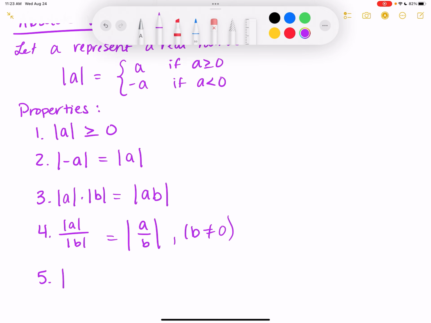And then the last one, the absolute value of A plus B is less than or equal to the absolute value of A plus the absolute value of B. It's possible that it could be equal to, depending on what the signs on A and B are inside, because that could throw it off. But it's also possible that it's less than. It could not be greater than, though.